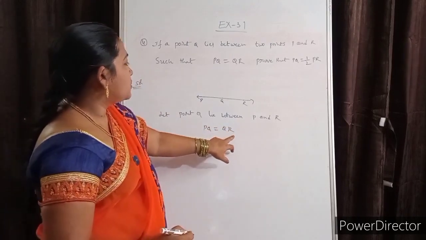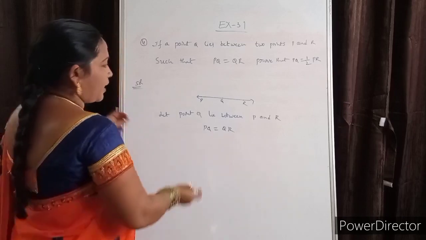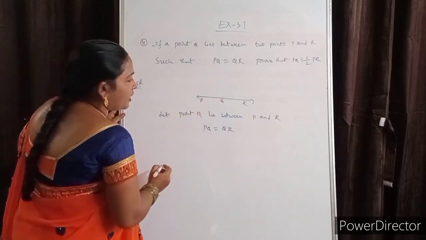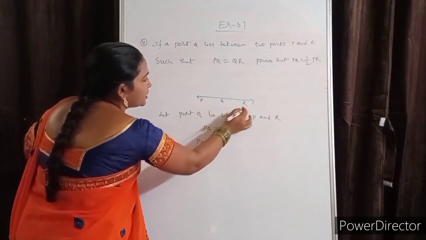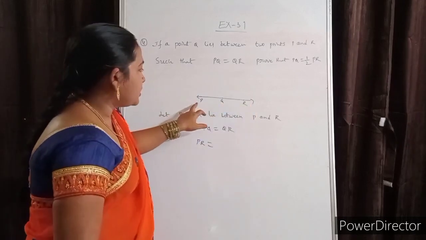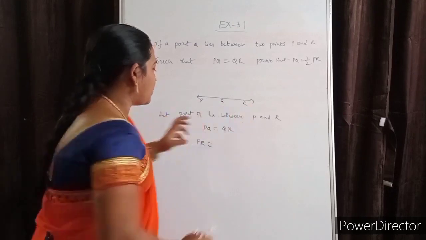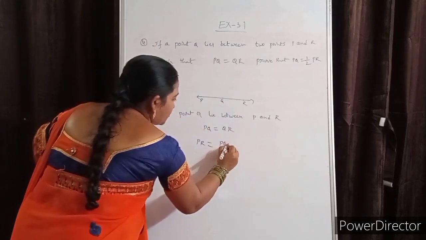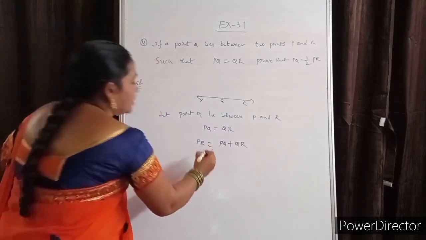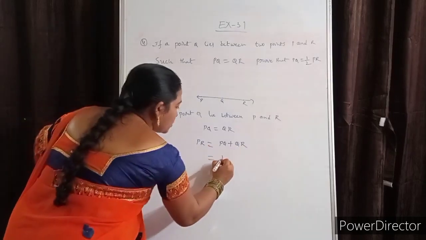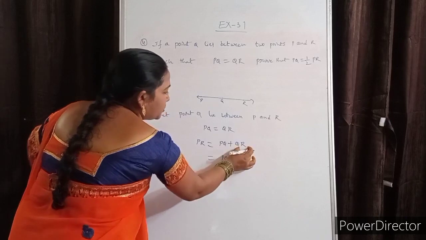From the figure, PR is equal to PQ plus QR.